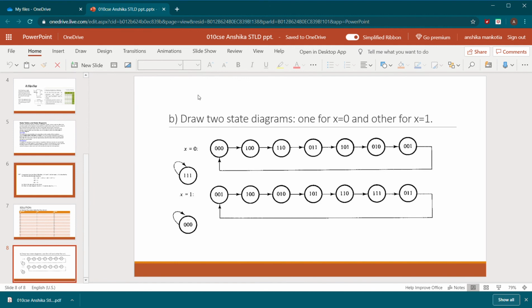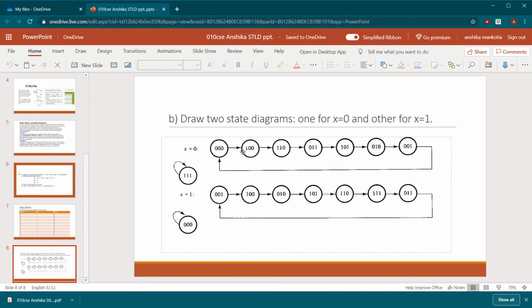This is the second part of the solution. Two state diagrams are made, one for x equal to 0 and the other for x equal to 1. This is the graphical representation of the flip-flop. Here the circle represents a state, and these directed lines represent the transitions between the states.